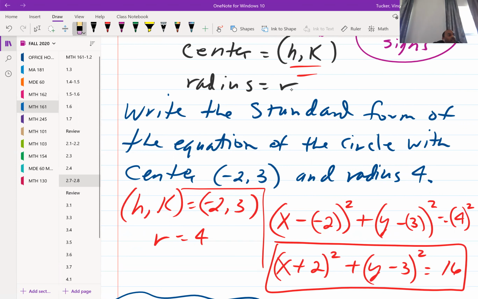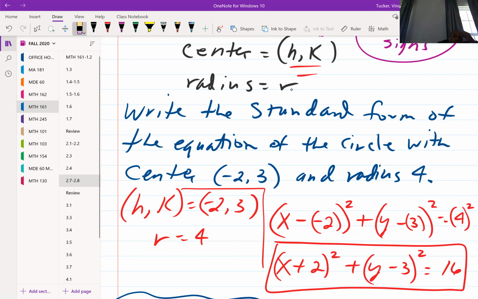So it's x minus -2. Once again, make sure you don't lose a negative in your substitution. So it's x minus -2 squared, y minus 3 squared, equal to 4 squared. It's x plus 2 squared, y minus 3 squared, and then 4 squared is 16.